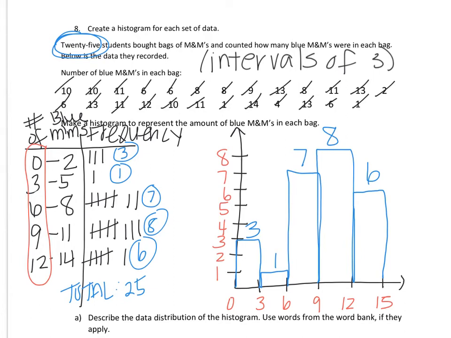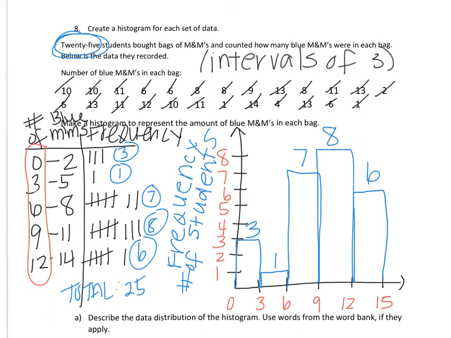The only thing it's missing is labeling the axes. So this would be frequency, okay, so number of students, right, because we're counting how many students had a certain amount of M&Ms.